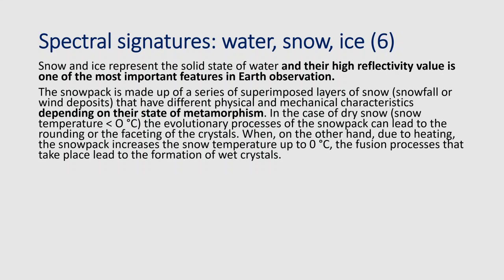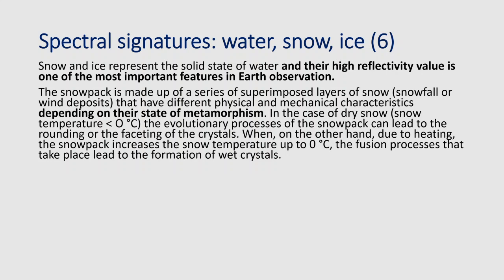So, we have this classical fractal shape of the crystal. When you have different layers of snow in the snowpack, the mechanical forces can cause the rounding of the faceting of the crystals.